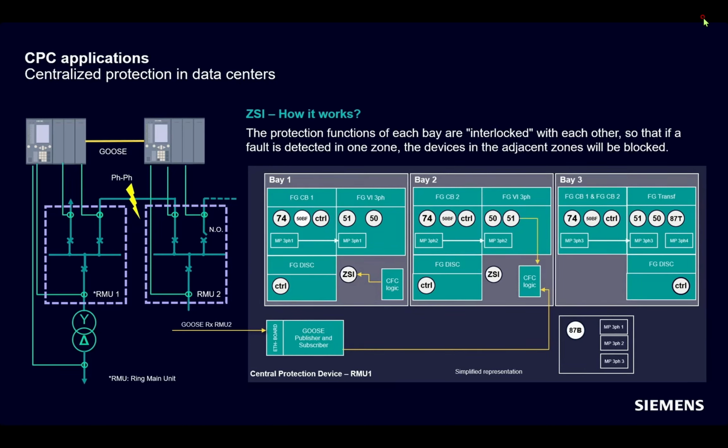Also, bay 2 has a pickup, as well as bay 1, and no pickup from bay 3. Then the logic is capable of detecting a zone scheme interlock, and the CPC opens the bay 2 breaker and blocks the overcurrent in bay 1.